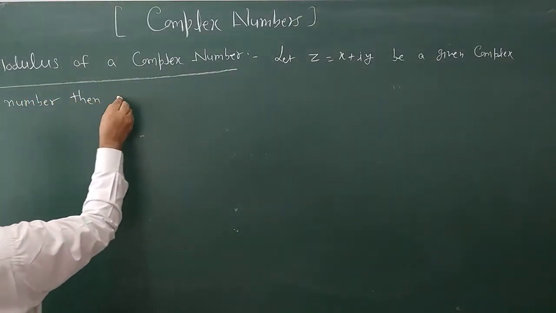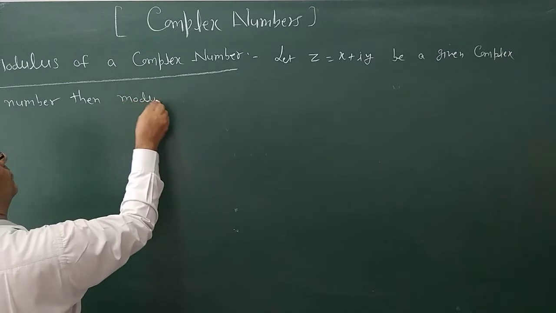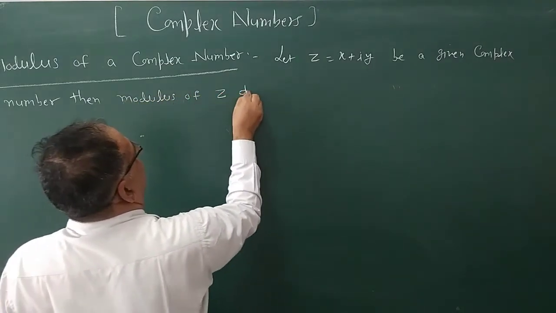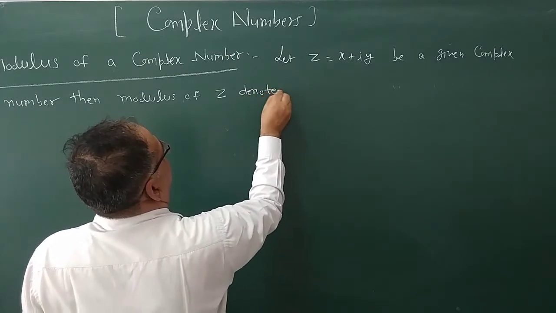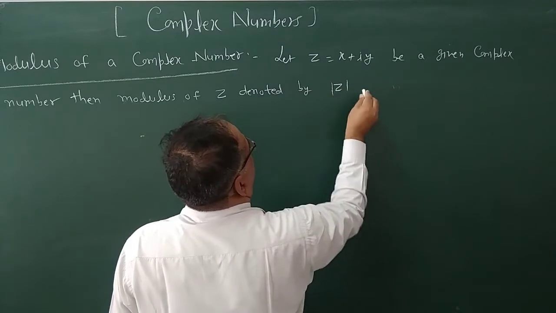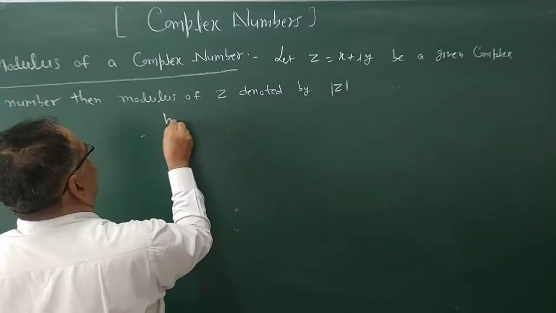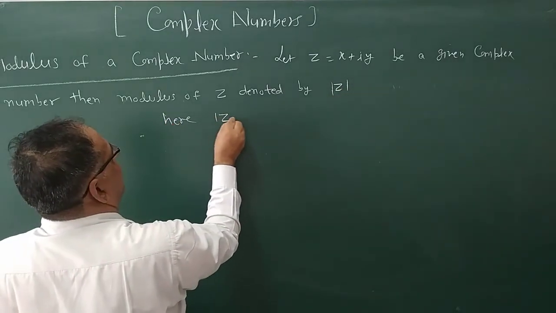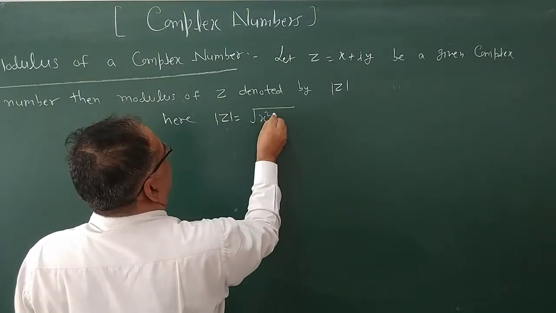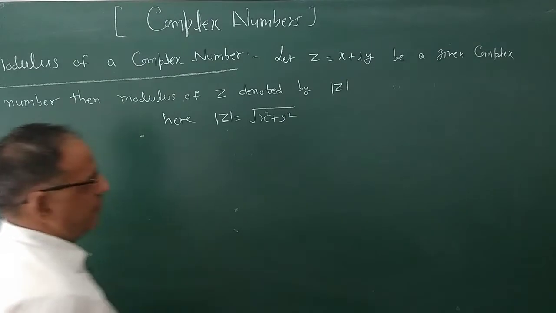Then modulus of z, denoted by magnitude, mod of z. Here mod z equal to square root of x square plus y square.